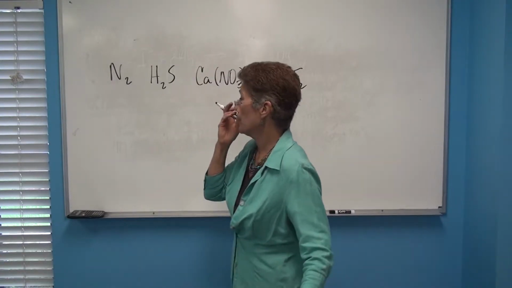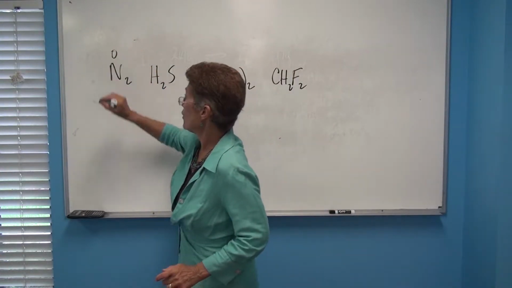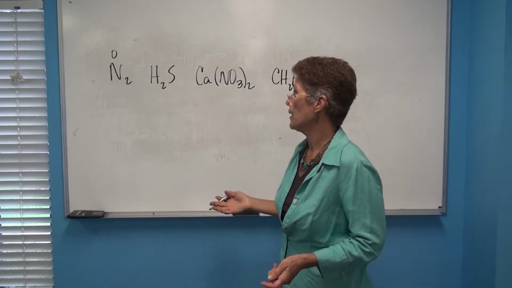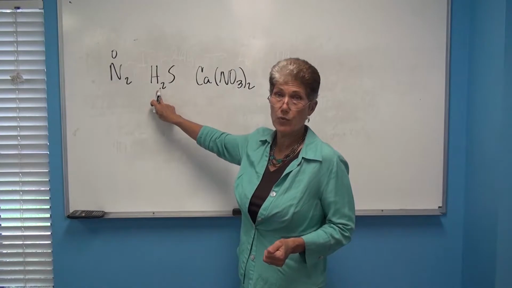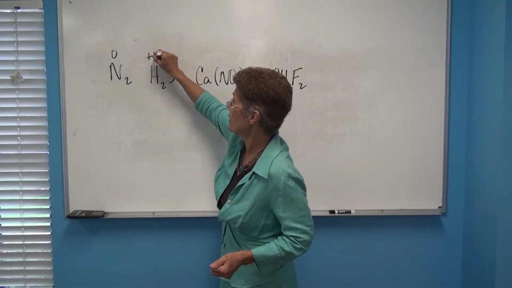Okay, let's try this. This one gets a 0 because it's a homonuclear diatomic and it has no charge. The first one that hits one of the rules is hydrogen. It gets a +1.